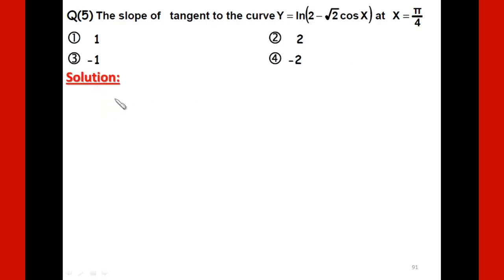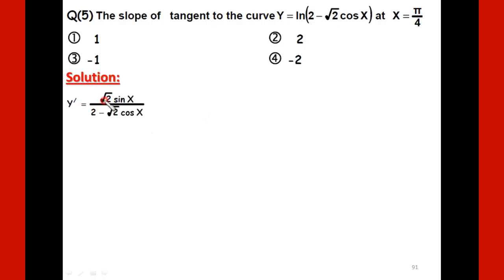To find the first derivative of the function ln of 2 minus root 2 cosine x, it equals 1 over 2 minus root 2 cosine x, multiply the derivative of this function itself.